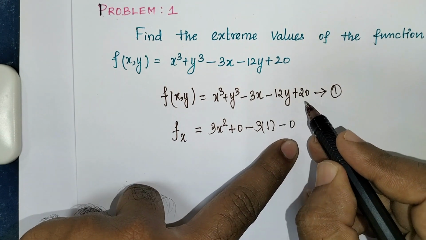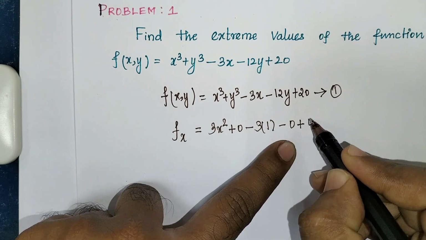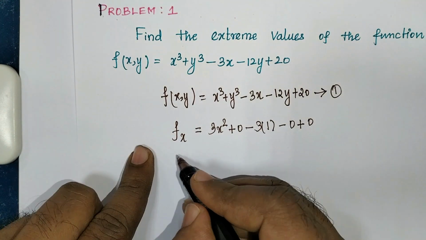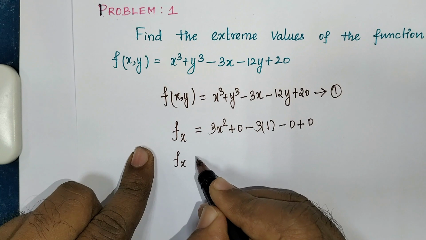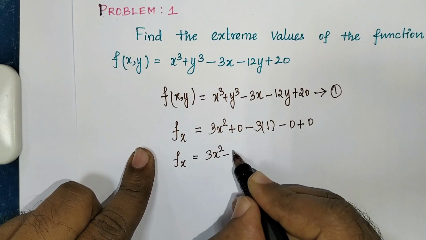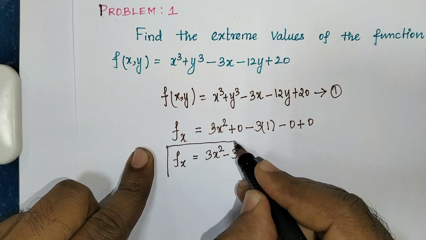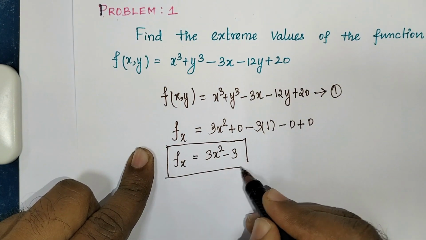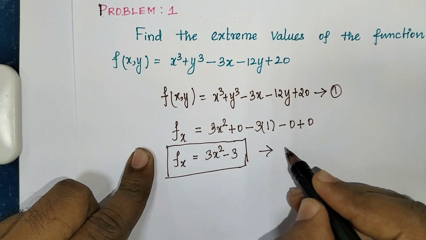Minus 3x differentiates to minus 3, and the constant has no x, so it is 0. Now I'll write fx is equal to 3x square minus 3. So this is our fx, the first derivative.